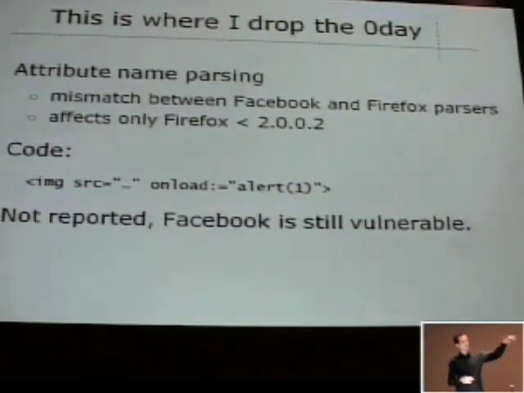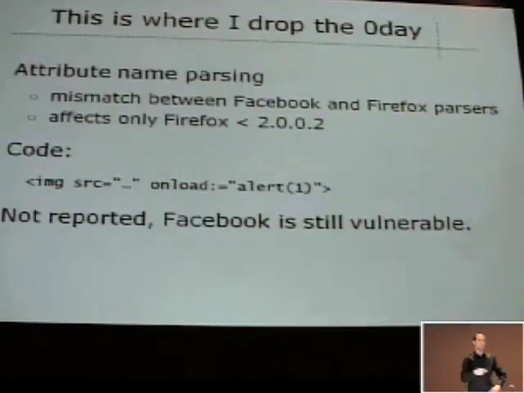So when I described the Facebook parser for attribute names, I made a point of the colon being a valid attribute name character. So when the Facebook filter parses this HTML, it will see this as an onload colon attribute.